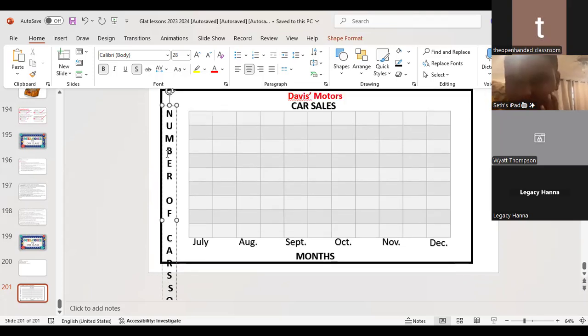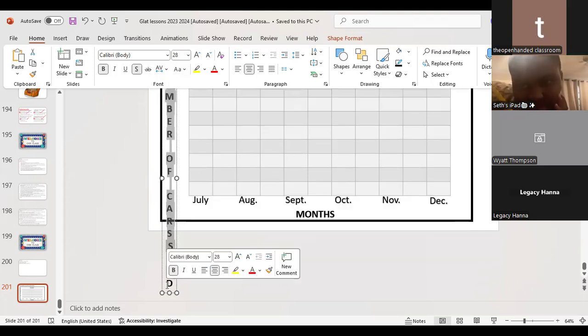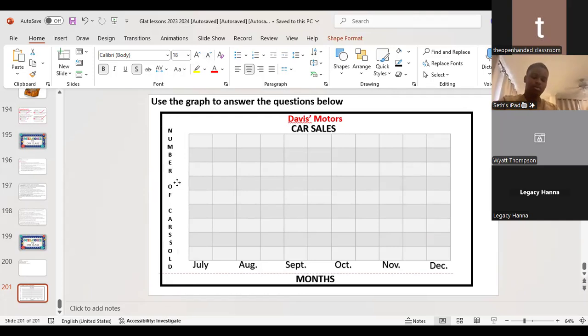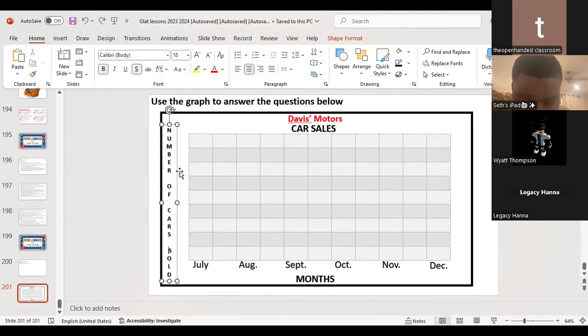Let me make this like this. The number of cars sold. There we go. So to the left-hand side, we have the number of cars sold.